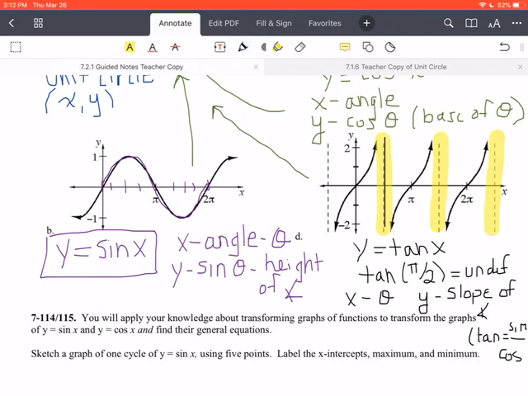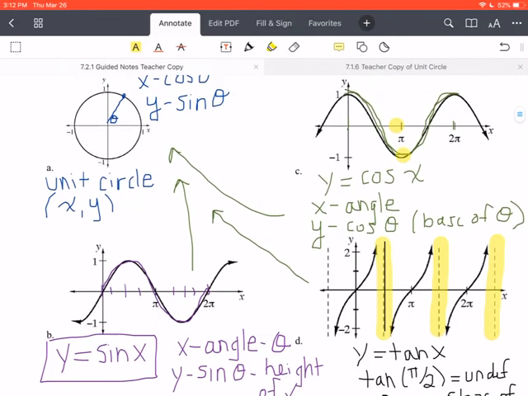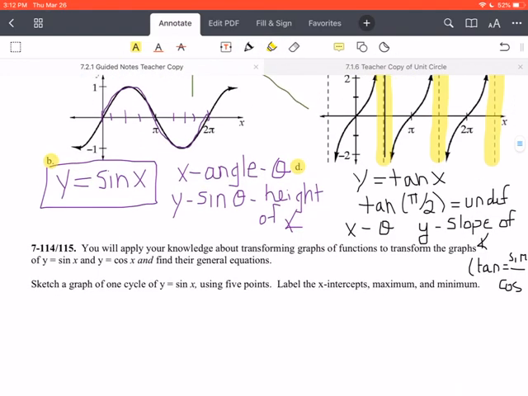So you need to be able to just look at these parent graphs and recognize that we have sine, we have cosine, and we have tangent. Those three graphs. Now, for the rest of the lesson, we're going to zoom in on the sine.